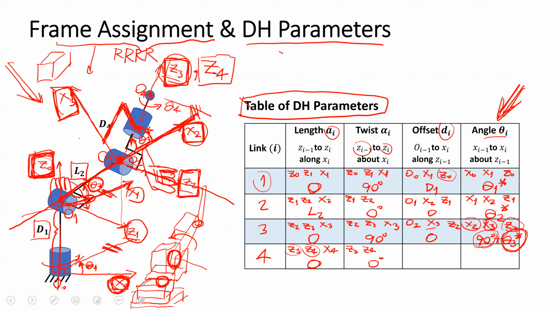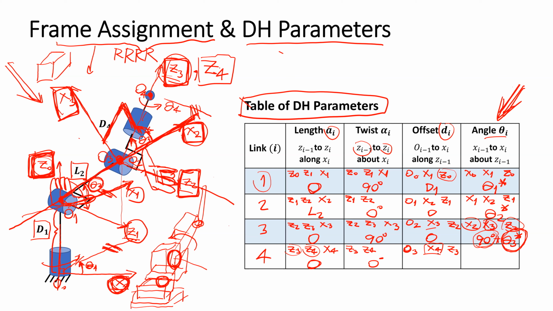The offset is measured from the origin of frame 3 to x4 along C3. Now we can decide where to put x4.